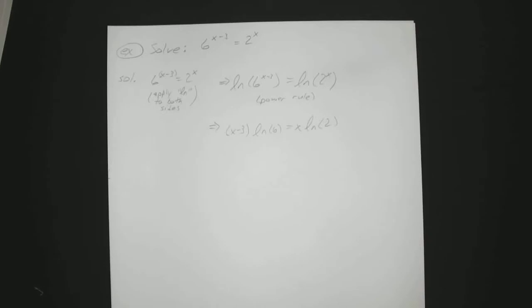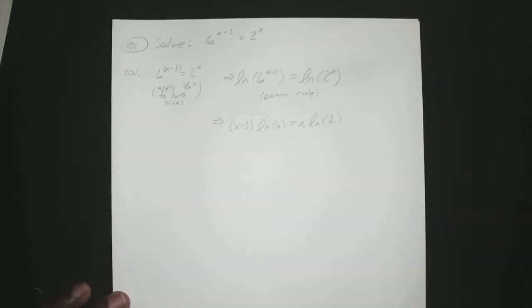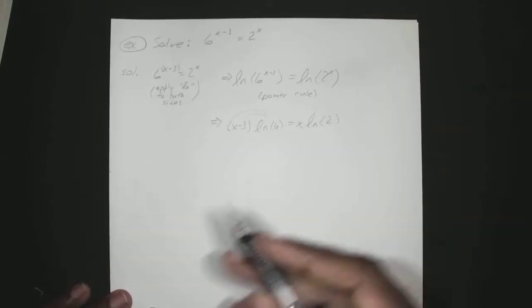Okay. Now the goal here is once you get all of the x's down out of the exponents, you want to get all the x terms to one side and all the non-x terms to the other. Okay, so here we're going to actually distribute that natural log of 6.